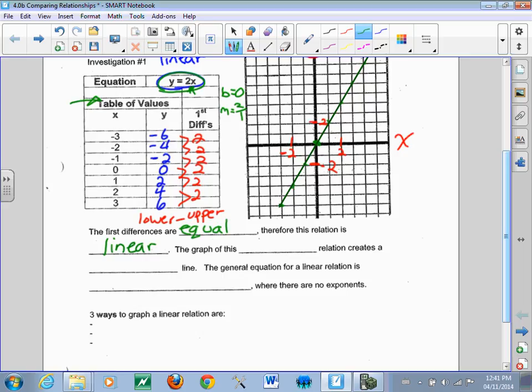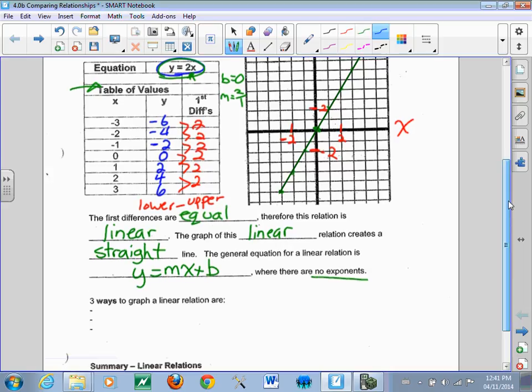The graph of this linear relation creates, when you graph it, a straight line. Okay? The general equation for a linear relation is y equals mx plus b. Okay? Where there are no visible exponents.